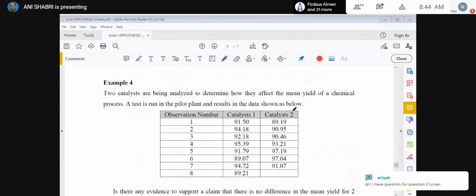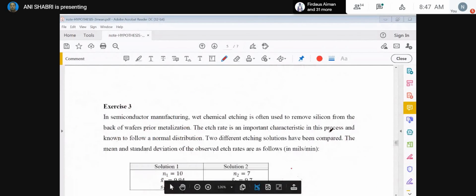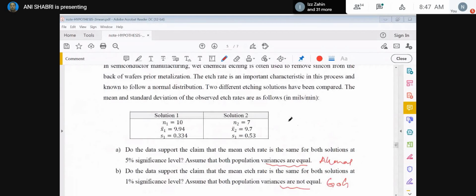Okay, kita tunggu puan buat ni. Lepas habis buat ni kita start kelas. Okay, pelajar lain boleh buat dah. Okay, kita compare.